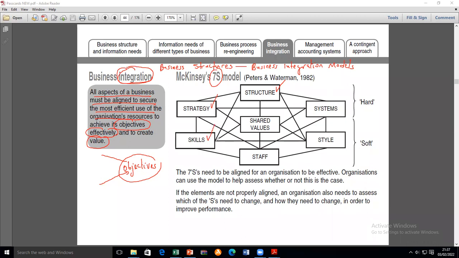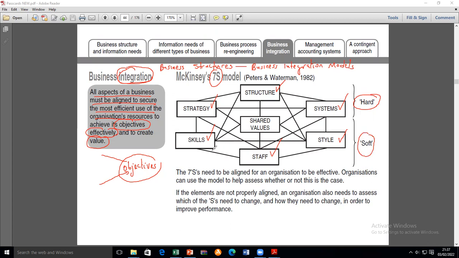We have got skills, we've got staff, we've got management style, and we've got systems. The first three are described as hard aspects, hard variables. Down here, we've got the soft aspects.